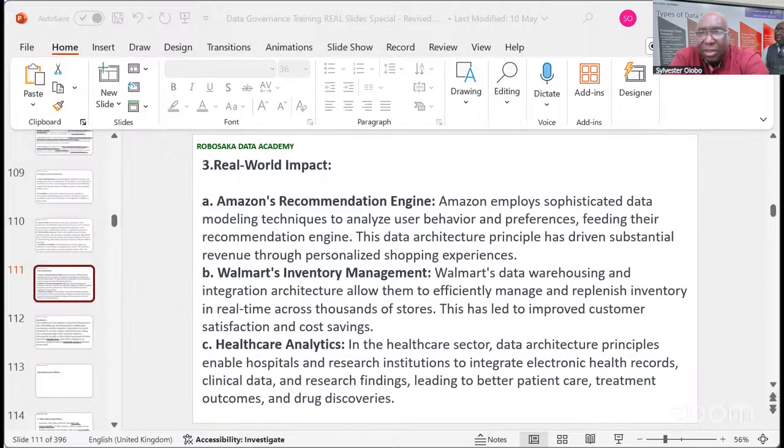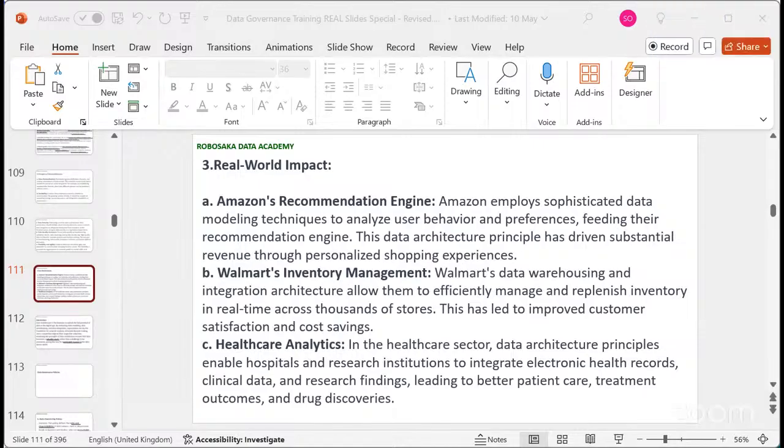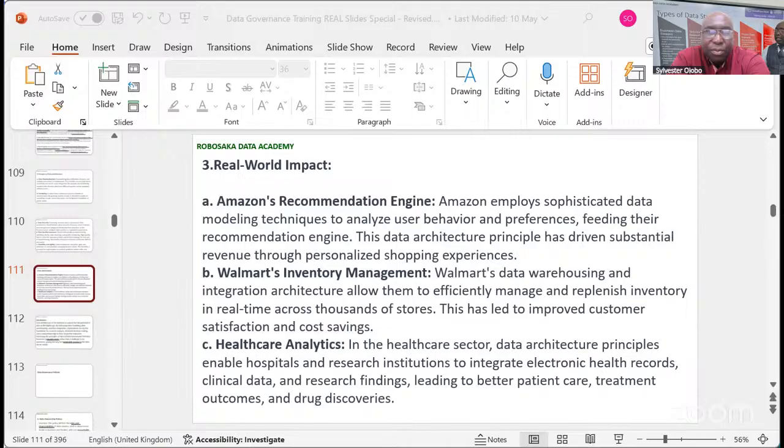Okay. So blessing of Dr. Vine. What is the question again? I didn't get the question. The question is for an example of how things are moving and how you can cope with the movement. Like we have the Amazon recommendation engine, they employ sophisticated data modeling and model their techniques in order to analyze the behavior or preferences of any customer that is coming.